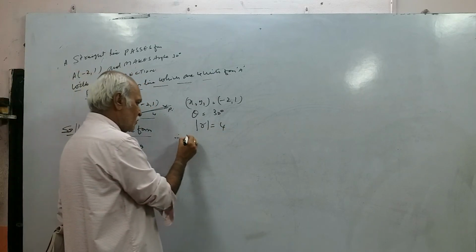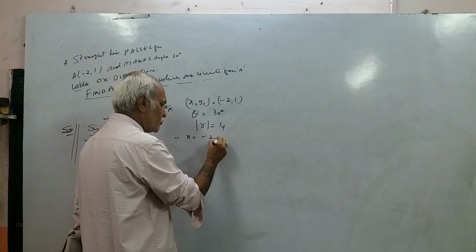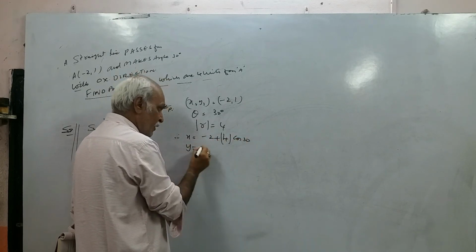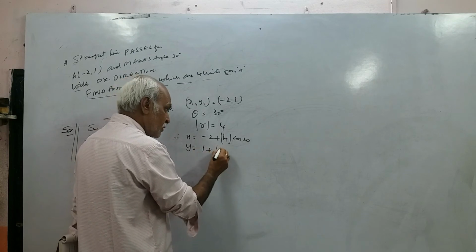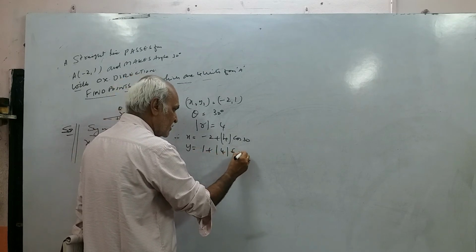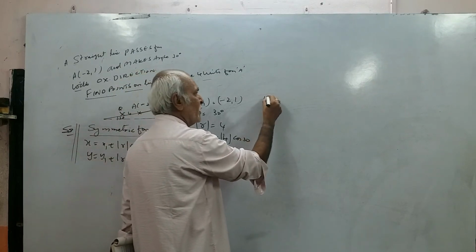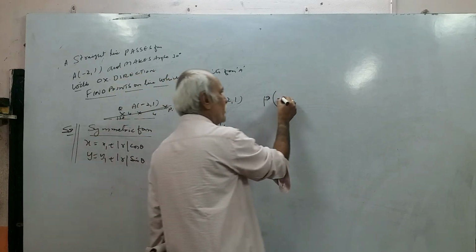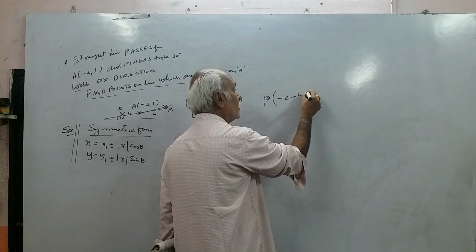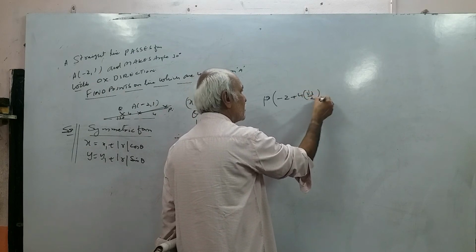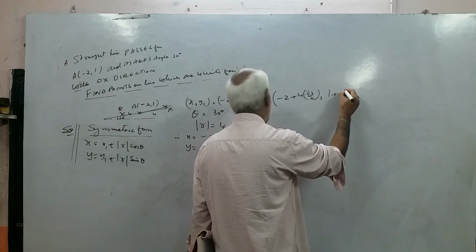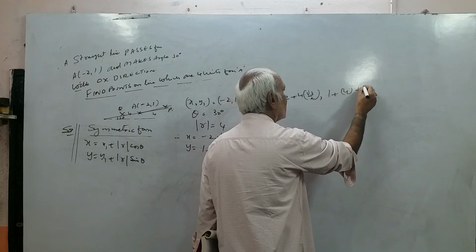Therefore x is equal to x1, which is minus 2, plus modulus r cos 30, y is equal to 1 plus modulus 4 sin 30. So first I have to write P point. P point means modulus means plus or minus. So I will take first plus sign. Cos 30 is root 3 by 2 comma. Y value is what, sir? 1 plus 4 into sin 30 is 1 by 2.